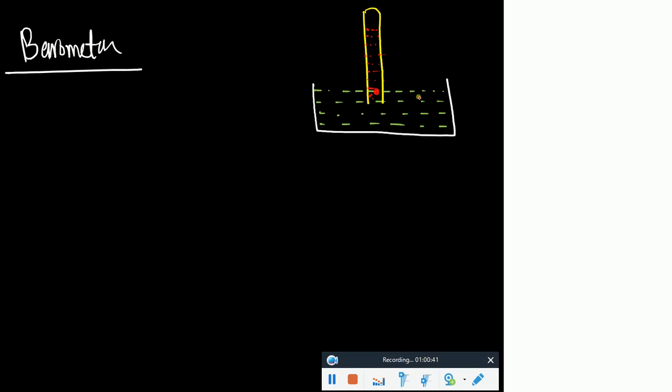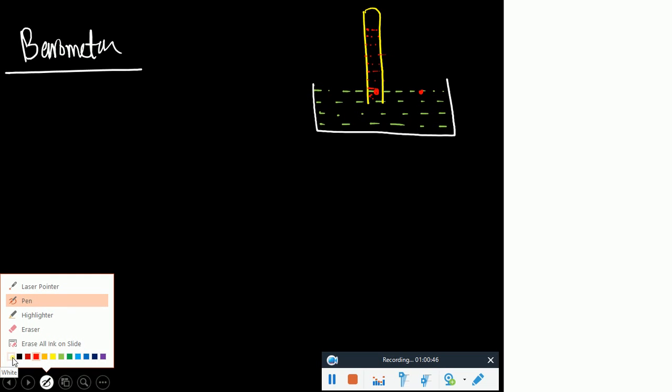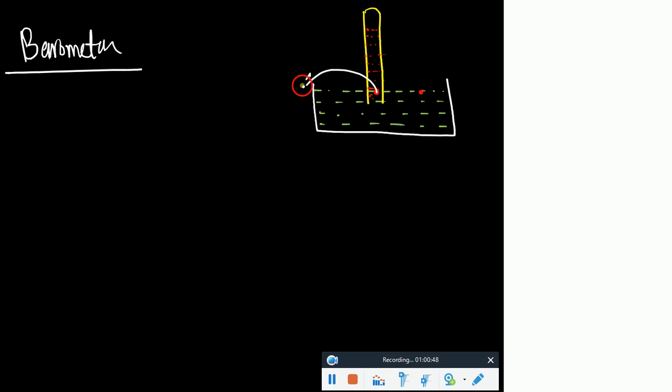If I talk about pressure at this point and pressure at this point, what would you say? These two would be same. So okay, fine, this pressure would be equal to P atmosphere, obviously because atmosphere is around this water body, but there would be few vapors within that empty space, isn't it? Few vapors.